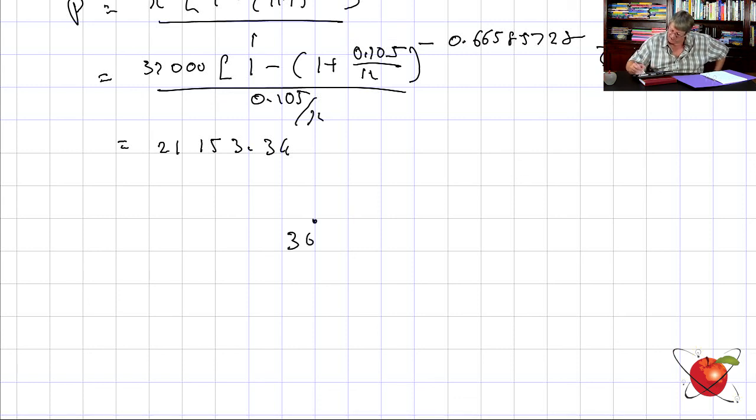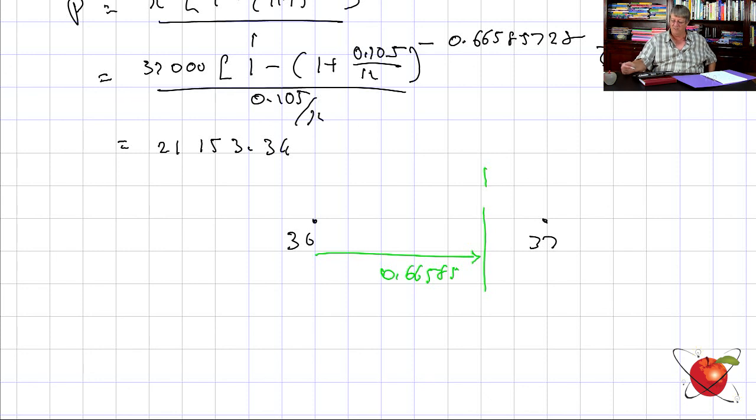This is number 36. This is number 37. What I just said is that the green, this is the 0.66585 blah blah blah of the month, correct? The outstanding balance is this P here, 21,153.34. That's the outstanding balance.